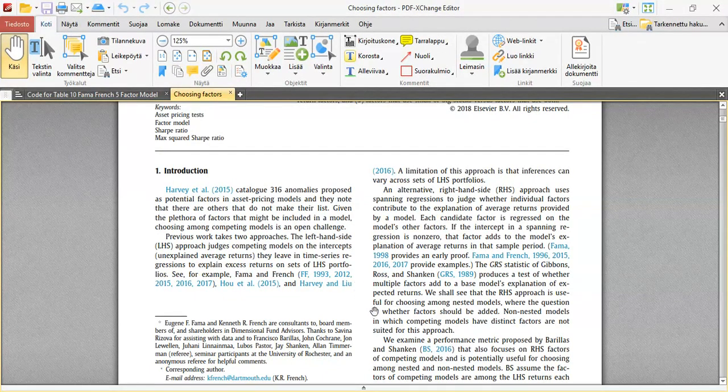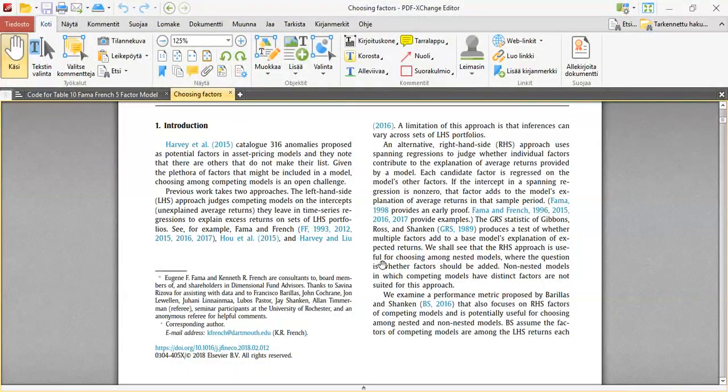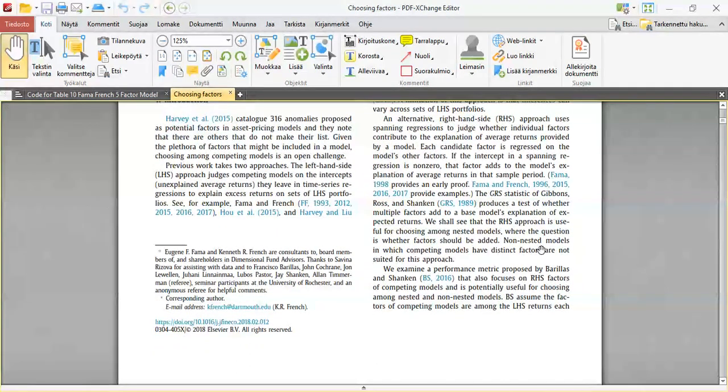We discussed also that previous literature adopted the so-called left-hand side approach, and the novel aspect in the paper from Fama and French is that they propose a so-called right-hand side approach that uses spanning regressions to judge which individual factors are potential candidates as risk factors.